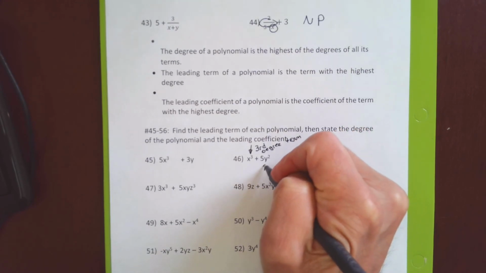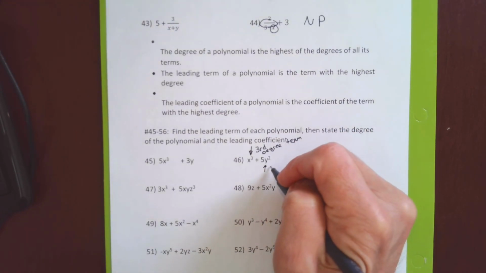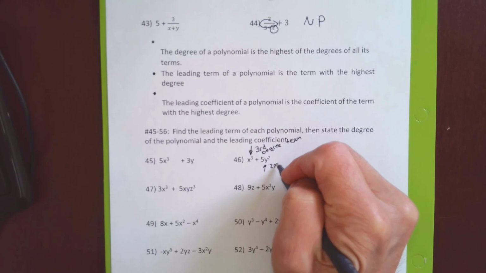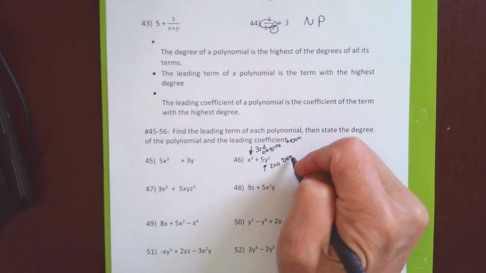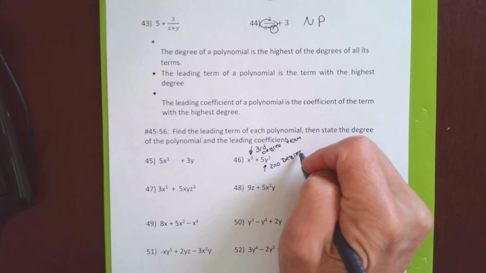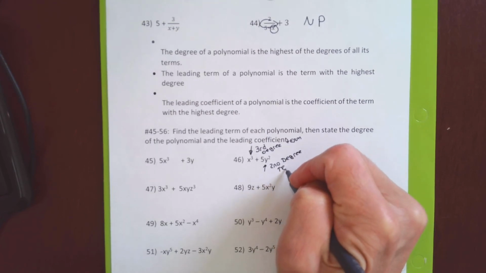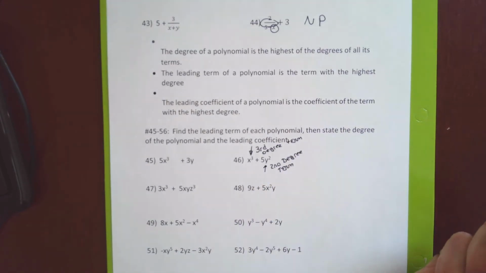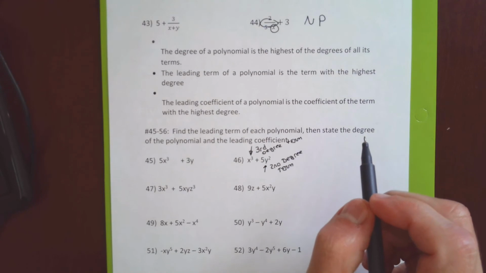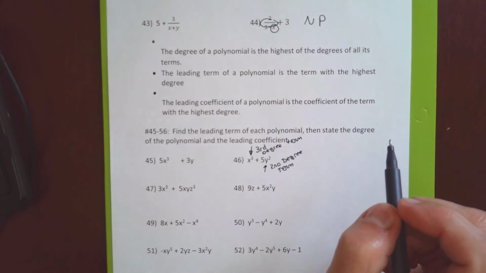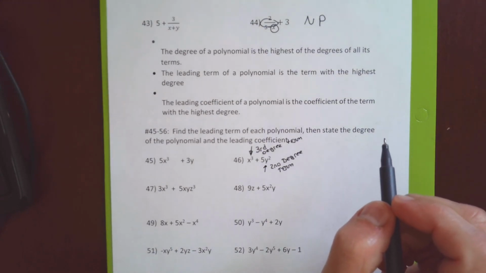The second term, it's a monomial, and that's a 2nd degree term. In a binomial, each of the monomials is called a term. So the binomial in problem 46 has 2 terms. In the world of polynomials, the term with the highest exponent is called the leading term.